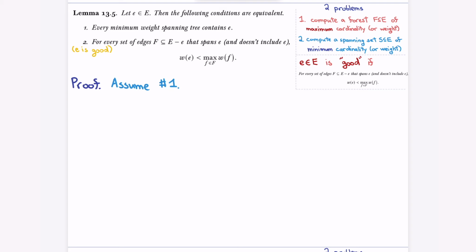So let's say that every minimum weight spanning tree, and really just let's say there's a minimum weight spanning tree that contains E. Now we want to show that E must be good. Any ideas?